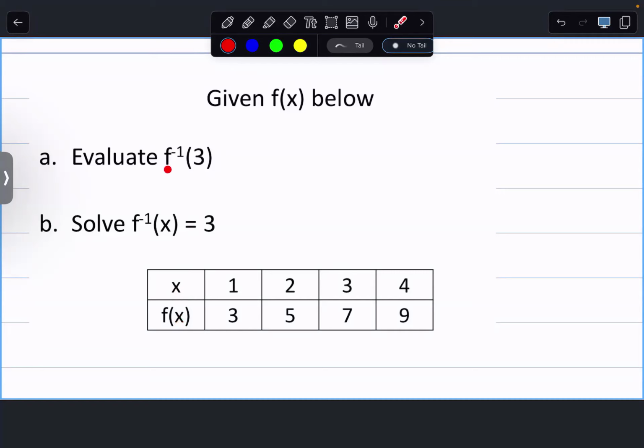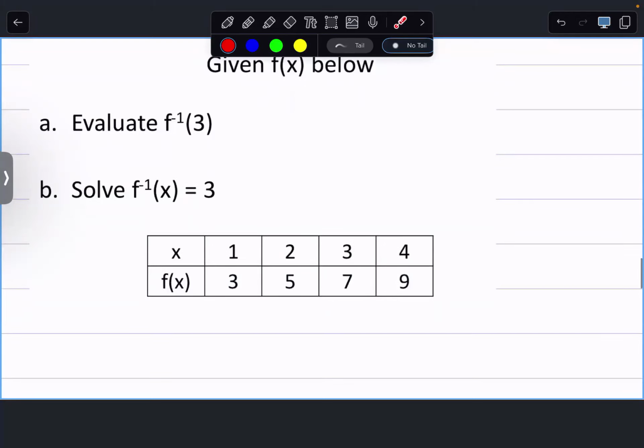Now, if we want to evaluate the inverse at 3, the inverse is going to yield the input from f of x that generates the output of 3. And so let's map it like this.